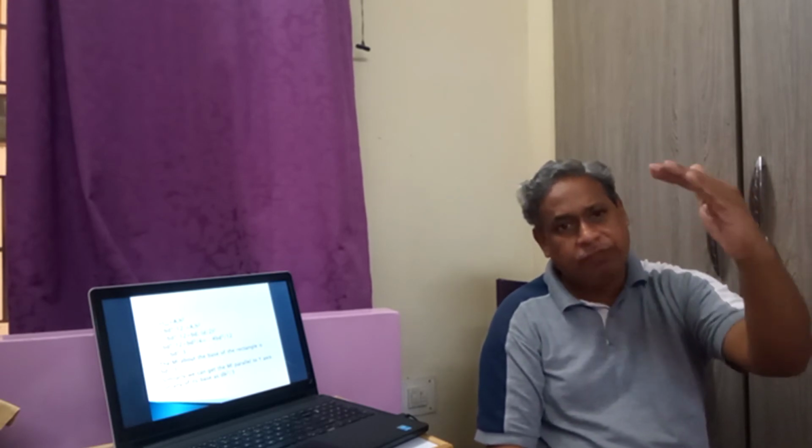So if we observe, initially at the centroid the moment of inertia was bd cube by 12. Now it is bd cube by 3. Simply by shifting the moment of inertia from the center to the base, it has increased by 4 folds, that is 4 times. So the moment of inertia at any axis will always be greater than the moment of inertia we found at the centroid, because there is some additional moment of inertia of Ad square.